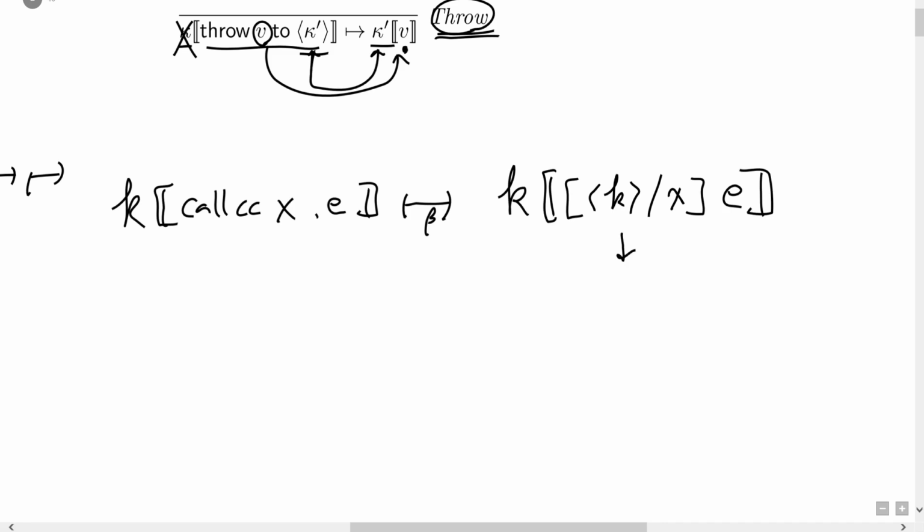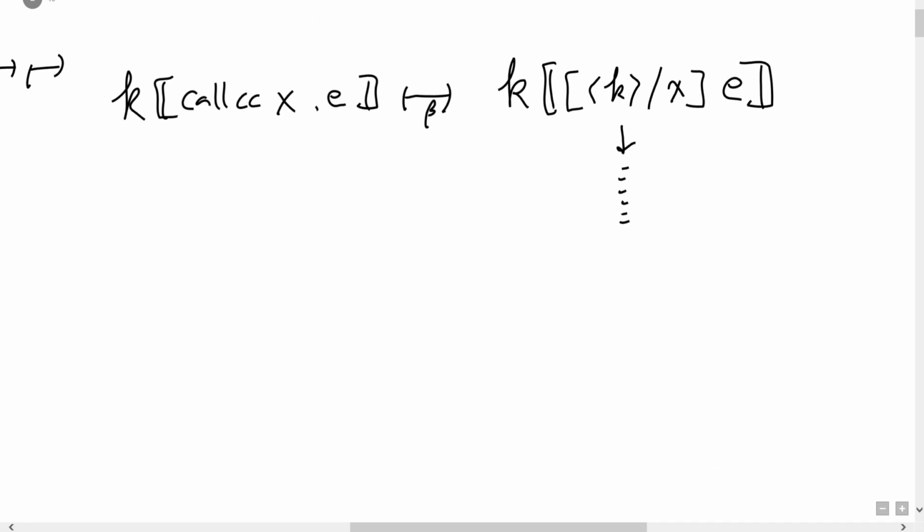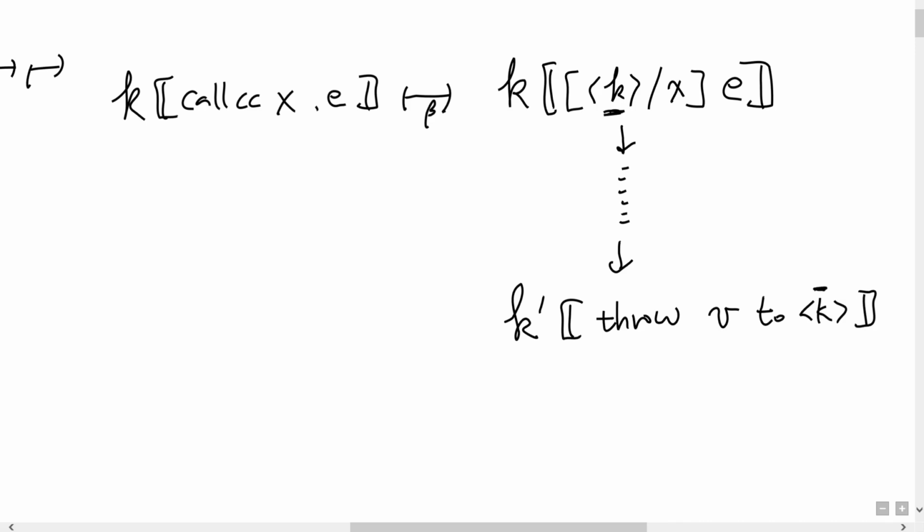And then we keep reducing the expression. And let's just say later, we have this kappa prime with throw value v to evaluation context kappa. So this one and this one are the same.